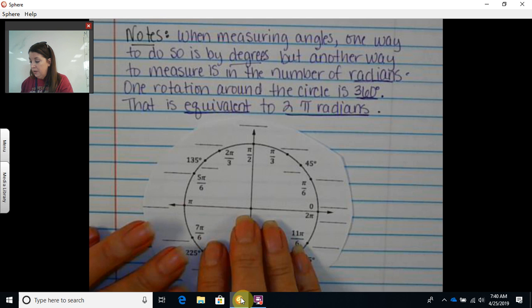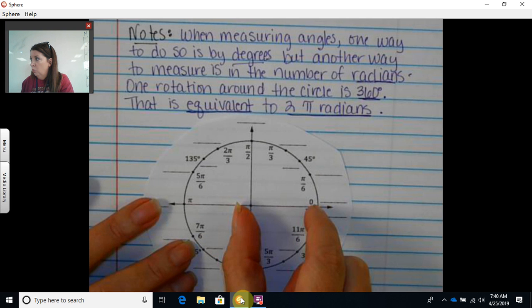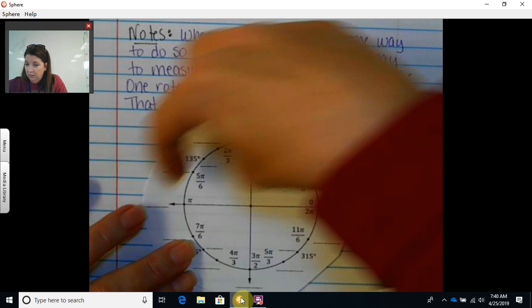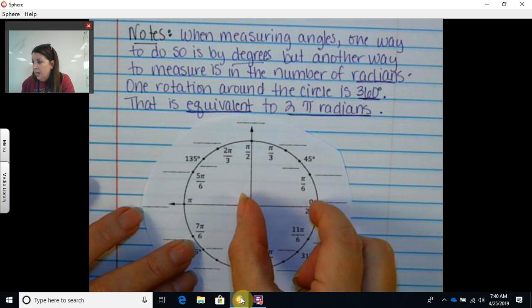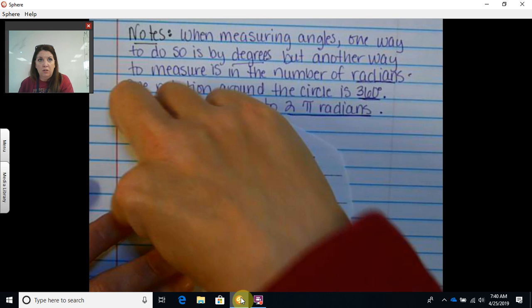If that radius has a length of 1, and you pick that radius up, and say you can bend it, and you put it on the circle, a radian is how many of these radii are around the circle.